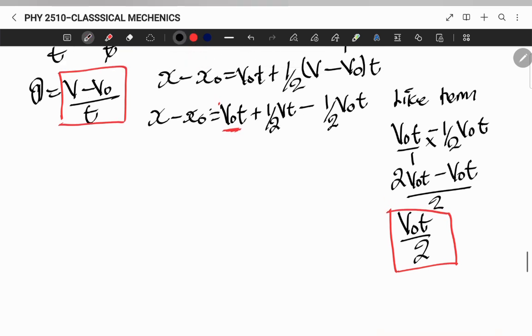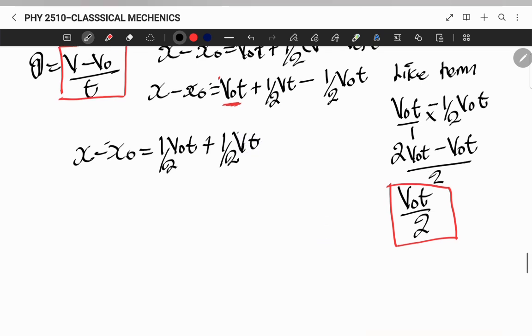If you rewrite it, it's going to be x minus x naught, so we are going to have 1 over 2 v naught, then plus 1 over 2, we'll put this back where it belongs, vt.